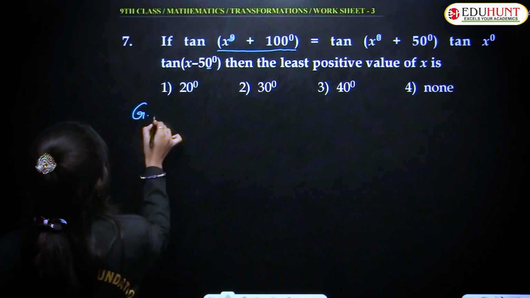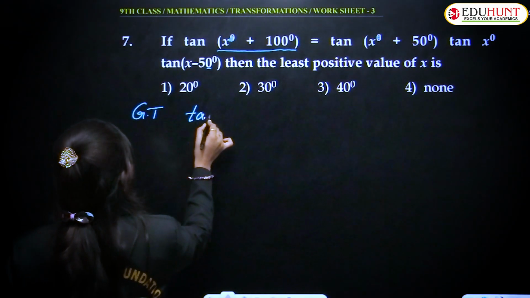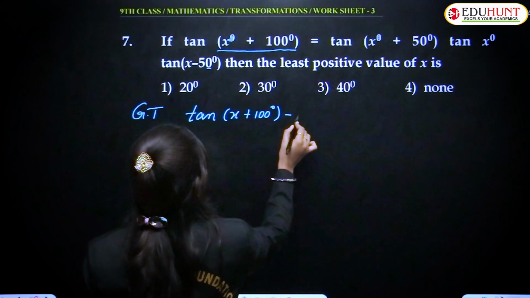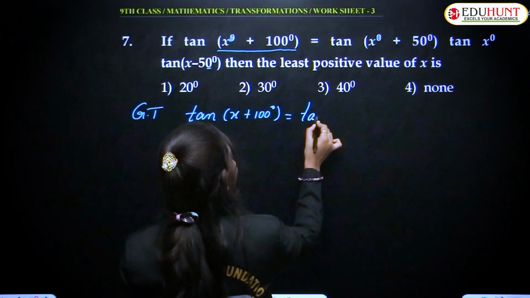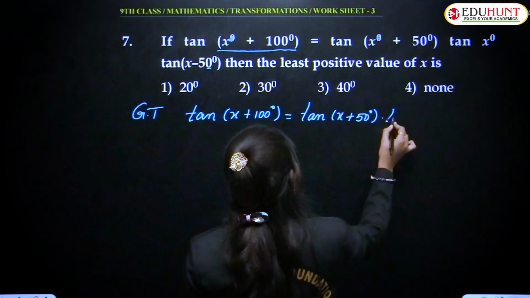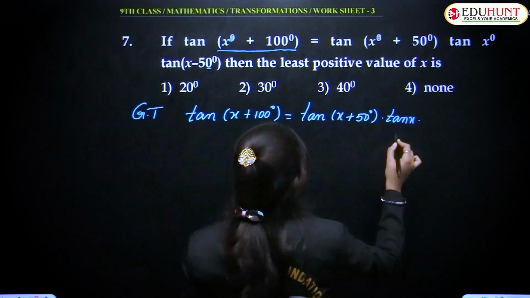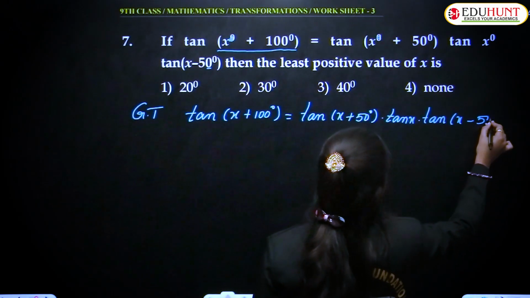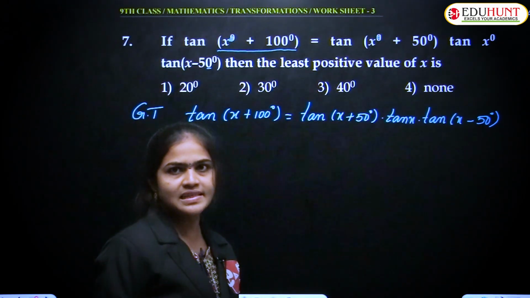What did they give? Tan of x plus 100 degrees is equal to tan of x plus 50 degrees into tan x into tan of x minus 50 degrees. Understand? This is the given one.